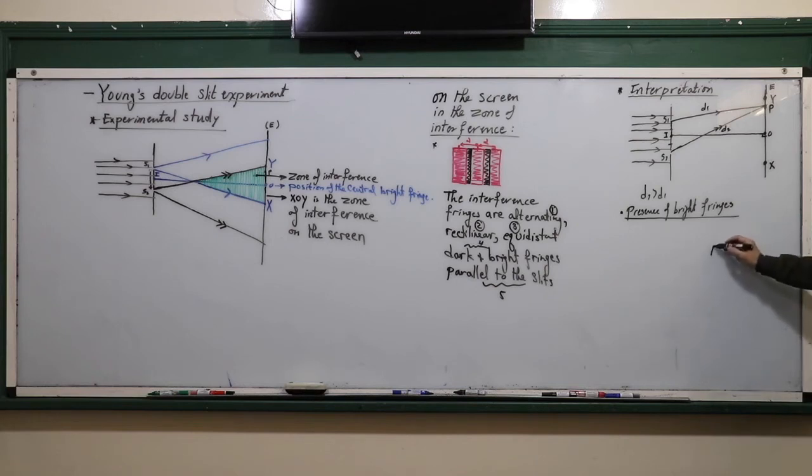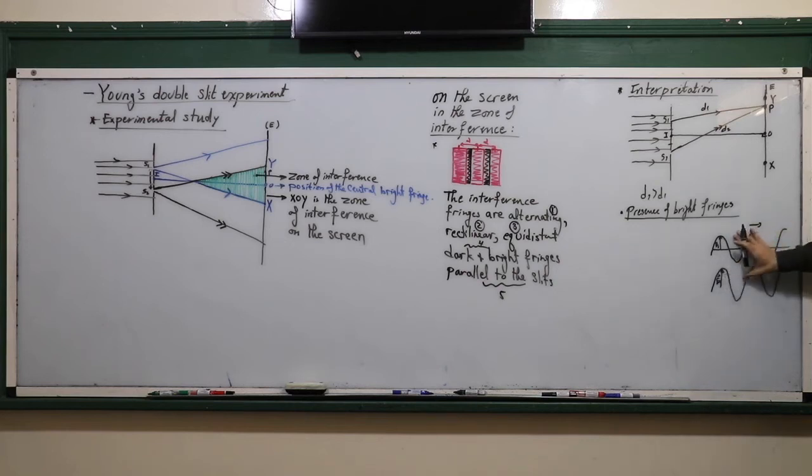This is one wave coming from S1. Here, this is E1, the maximum value of the first electric field. And this is the second one coming from S2. This is E2.